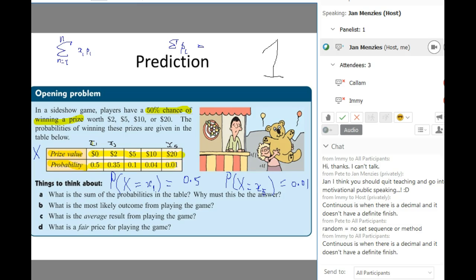So every outcome probability added together will be one. What that means is all of the individual probabilities have to be between 0 and 1. So just making sure you understand the notation, all the individual probabilities have to be between 0 and 1, and their sum is one.